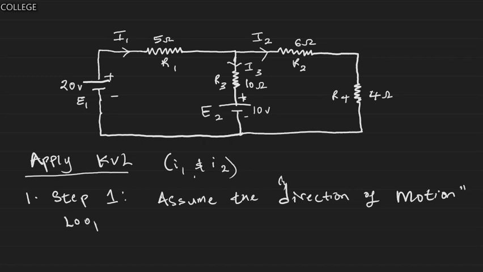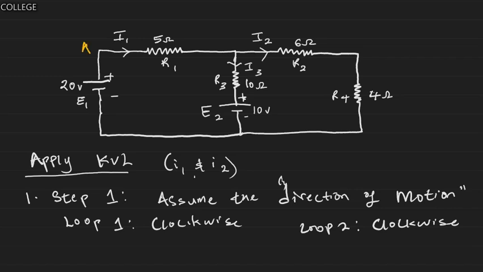For loop 1, let's assume a clockwise direction, and also for loop 2 or mesh 2, let's also assume a clockwise direction of motion.